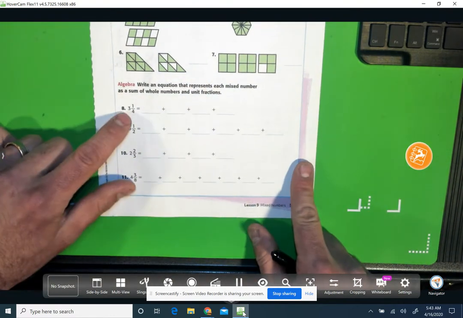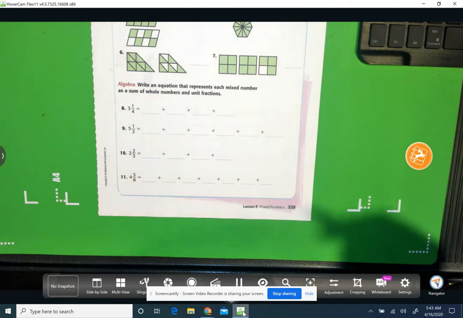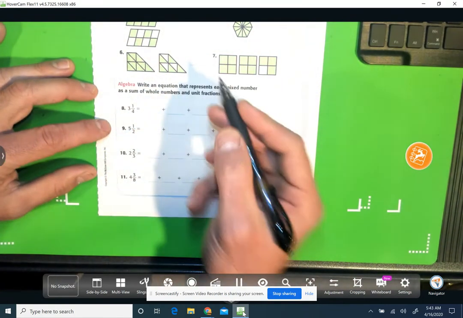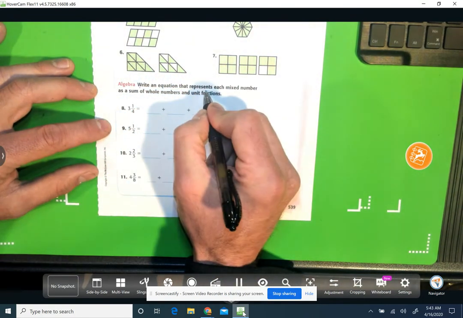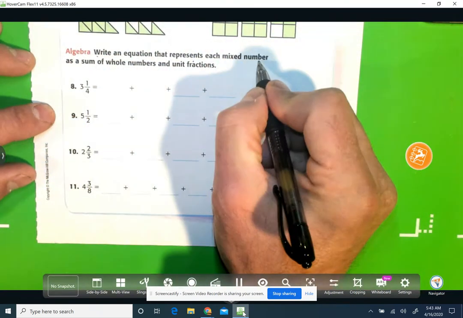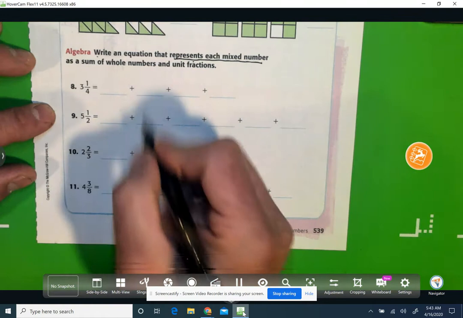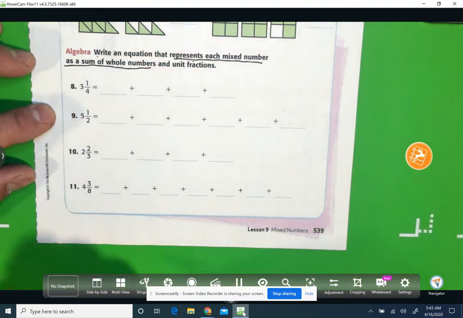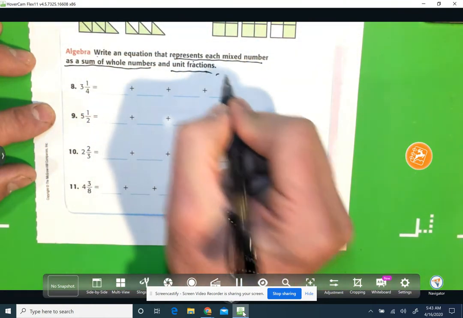And we'll notice that we have 3 1/4. Okay, so we write an equation that represents each mixed number. We've got to represent each mixed number as the sum of whole numbers and unit fractions.